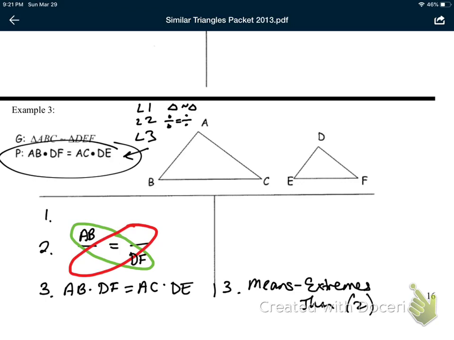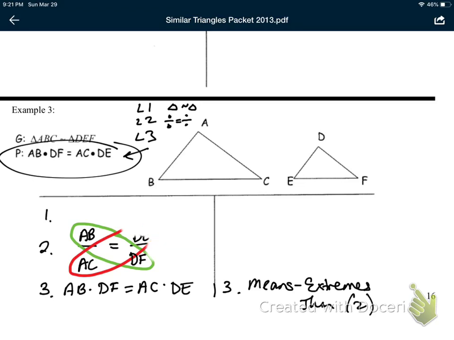That makes sense. Okay, and then for the other side, I need to put AC times DE, and they need to be across from each other. So AC times DE. And so I have my proportion.